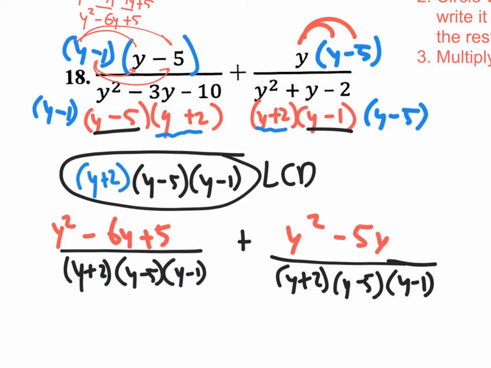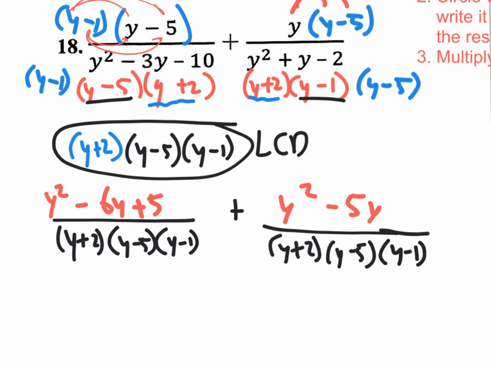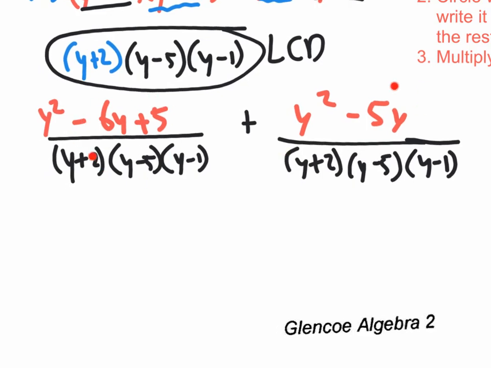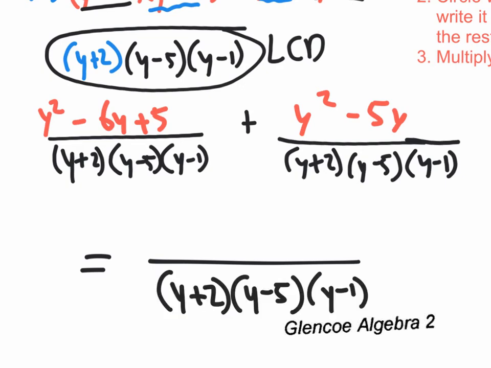So here are our new two fractions. I could zoom in on them. This is what we're going to be working with, these two fractions. We have an LCD, and all we need to do is add. So our answer is going to be a fraction over that LCD. And now let's simply add the numerators. So because it's a plus sign, I don't have to worry about distributing it.